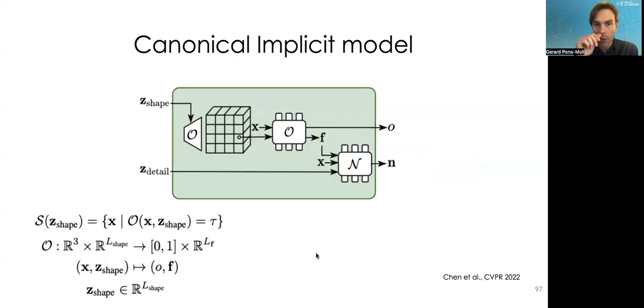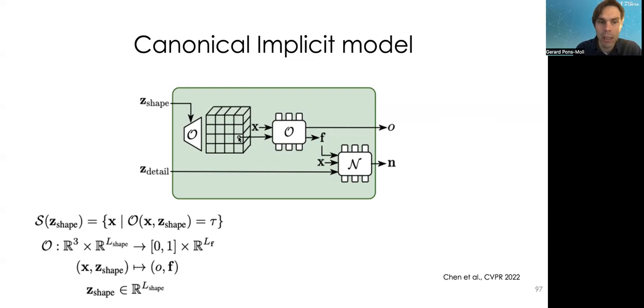All right, so let's look at the first component, which is the canonical implicit model. There are almost no new concepts here, but you can see how those concepts that we've seen can be applied to build this system. You have the latent code Z shape, which will produce these features. If you remember, the IFNet features were a voxel grid of features, and this is the same. It produces a voxel grid of neural features.